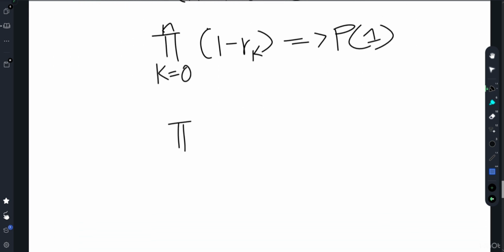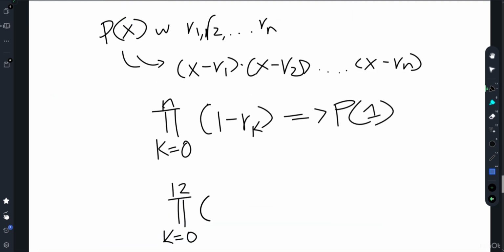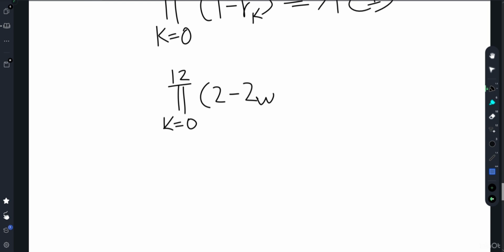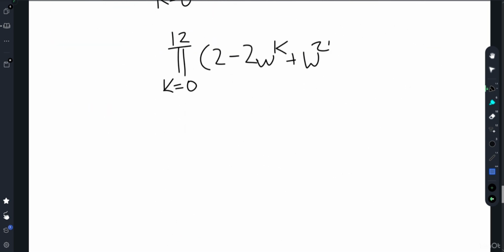So what we do is we now take this. We have 2 minus 2 omega to the k plus omega to the 2k.